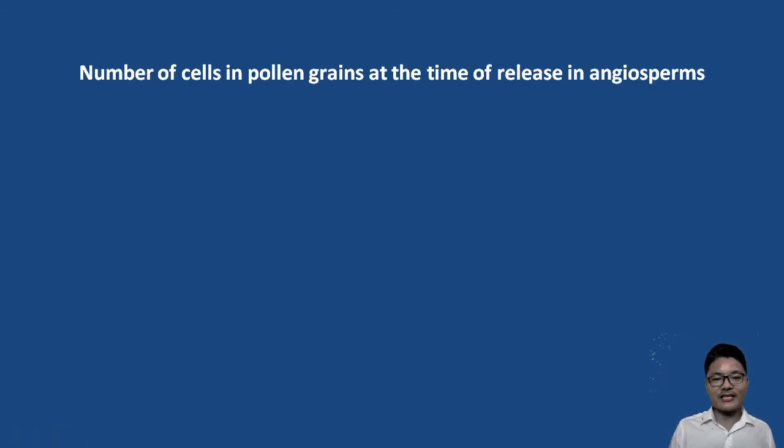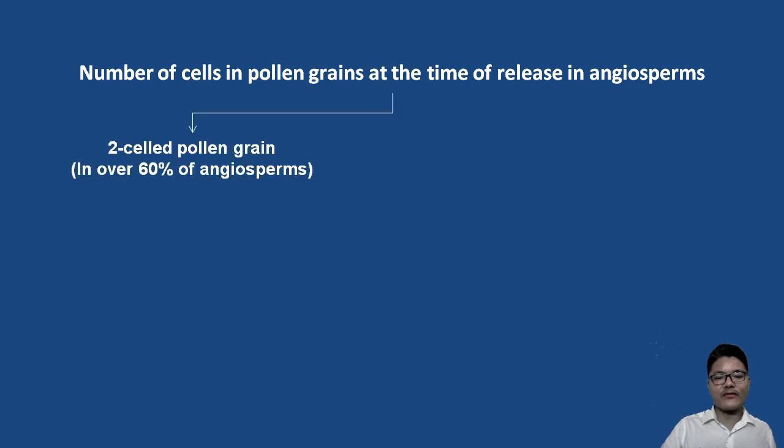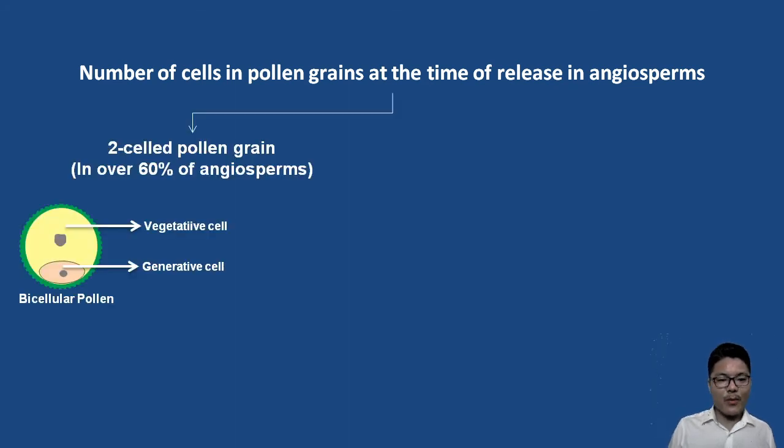So the number of cells in the pollen grain at the time of release. Whenever pollen grains are released in nature for pollination, we have different types of pollen grains, and they do not all have the same number of cells within them. About 60% of angiosperms usually release pollen grains having two cells.